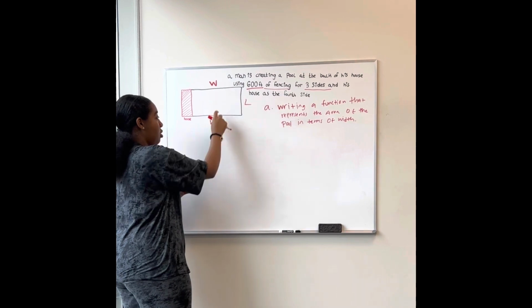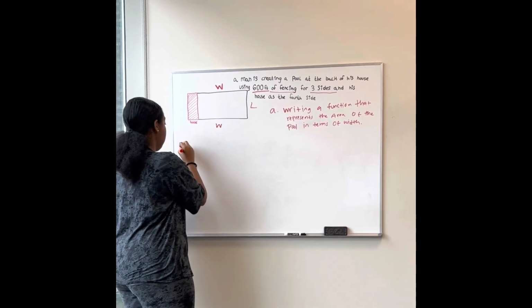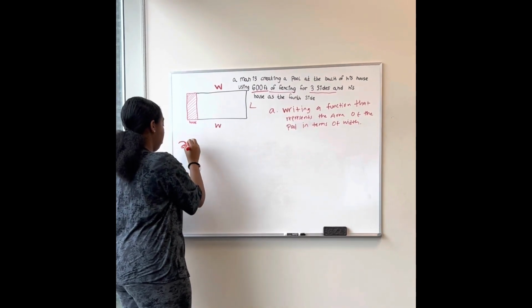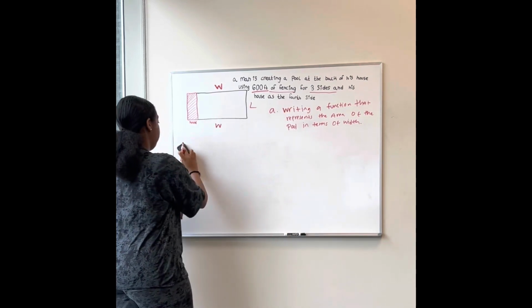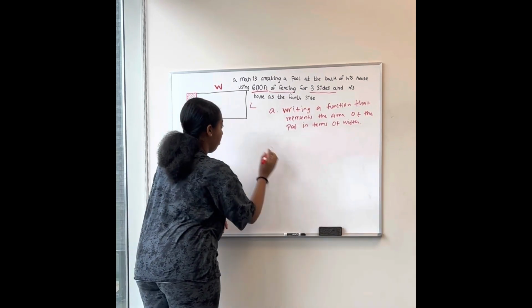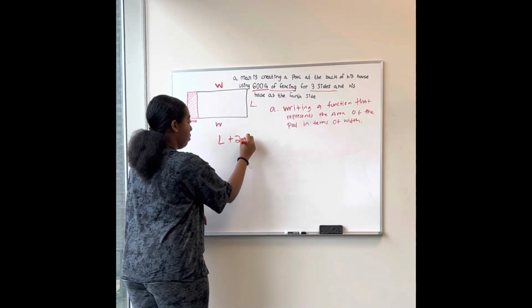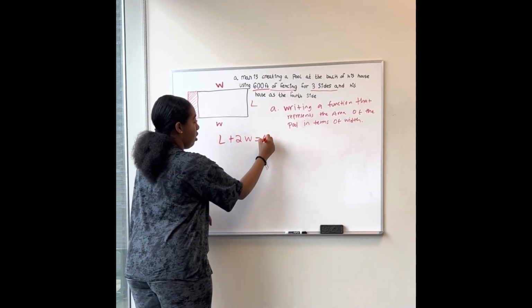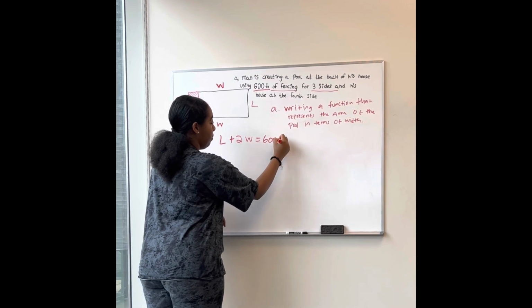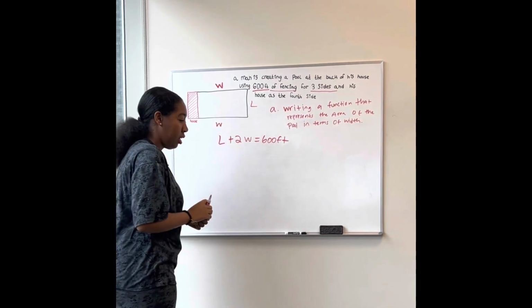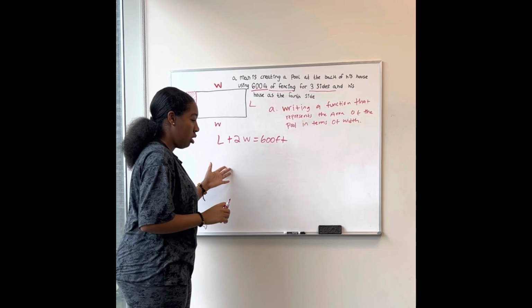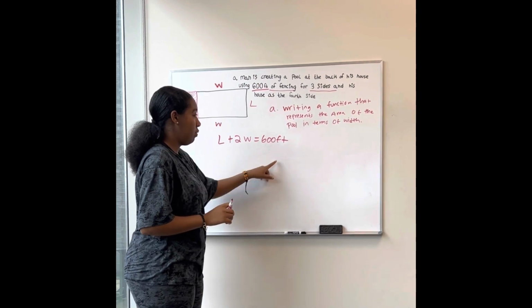So we just add these 2 widths plus the length. So length plus 2 widths equals 600 feet.